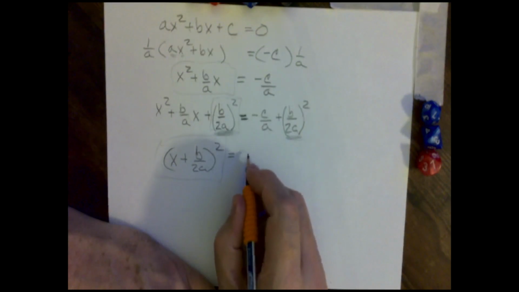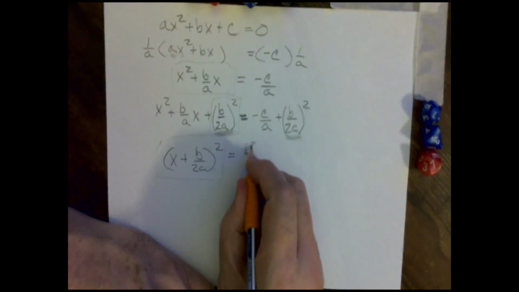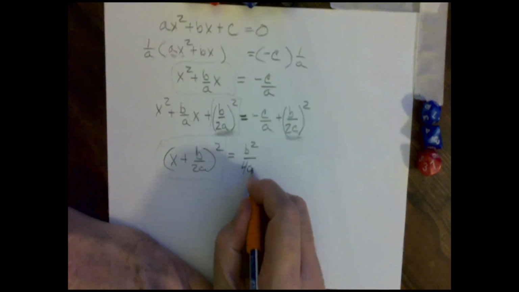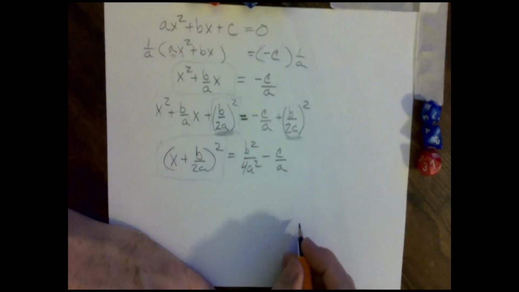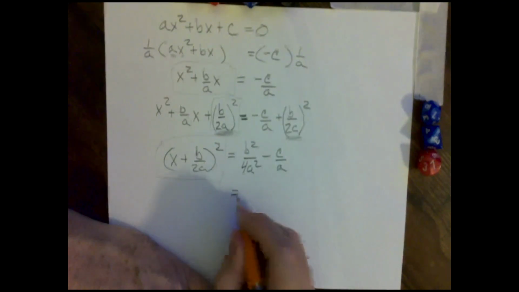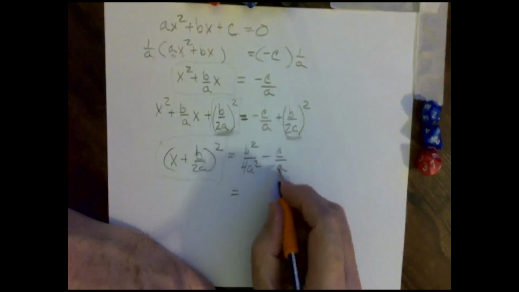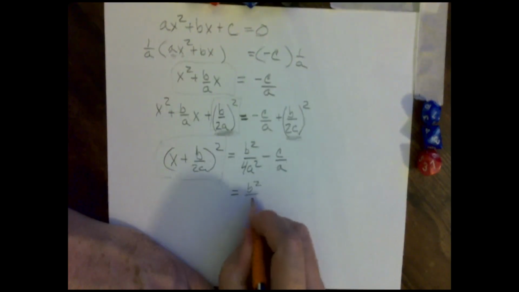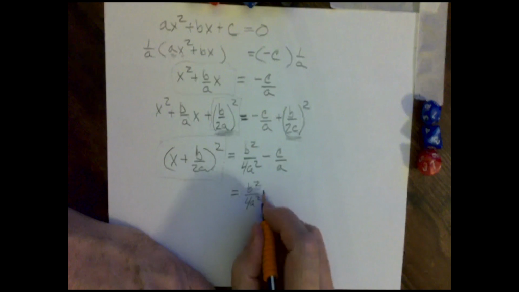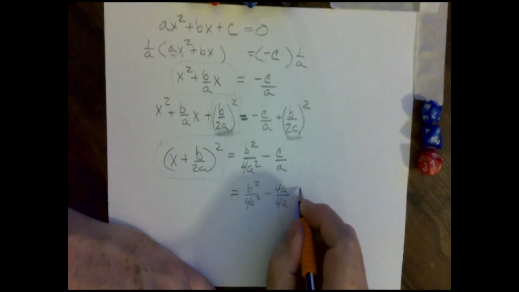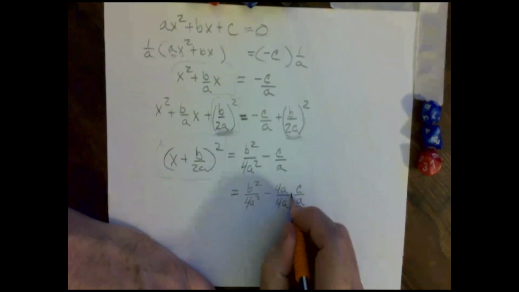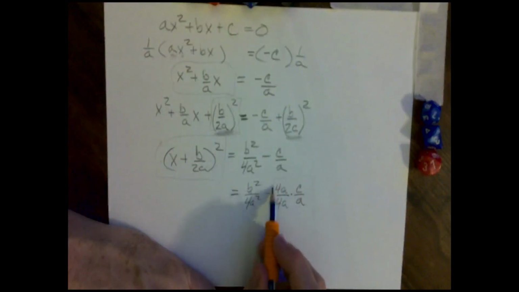And then over here we'll write b squared over 4a squared. Just take the parentheses off here. Minus c over a. And then here we can say, well, this is b squared over 4a squared minus, multiply this by 1. This is just 1.